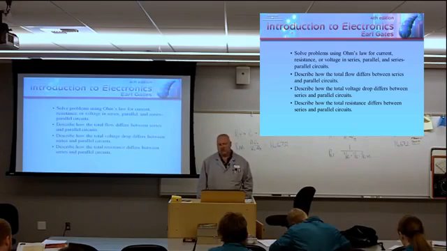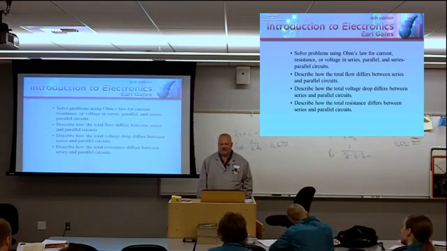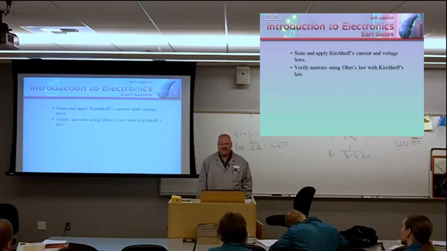Describe how the total flow differs between series and parallel circuits. Describe how the total voltage drops differ between series and parallel circuits. Describe how the total resistance differs between series and parallel circuits. State and apply Kirchhoff's current and voltage laws. And verify answers using Ohm's Law with Kirchhoff's law.